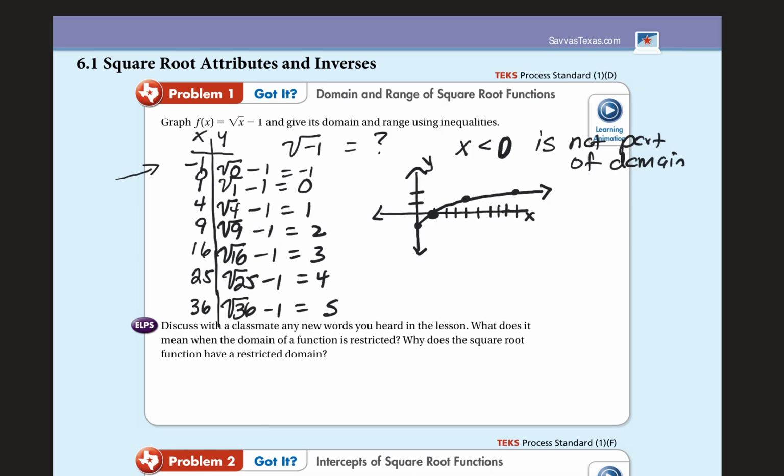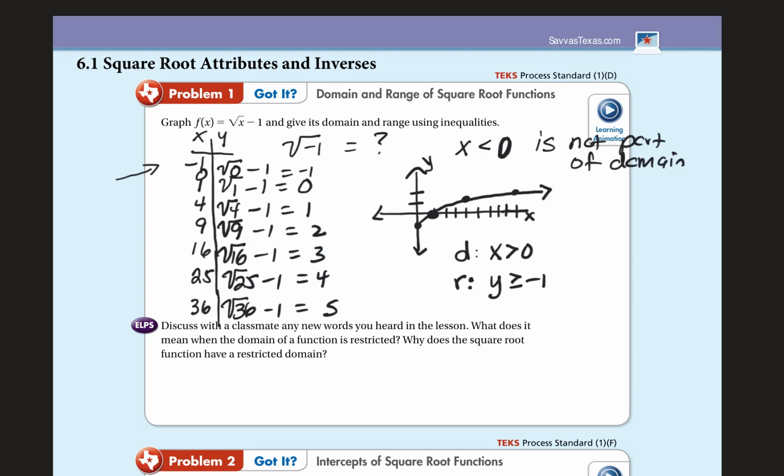You notice that the domain for this graph is x is greater than or equal to 0. The range: the lowest y value is -1, so y is greater than or equal to -1.